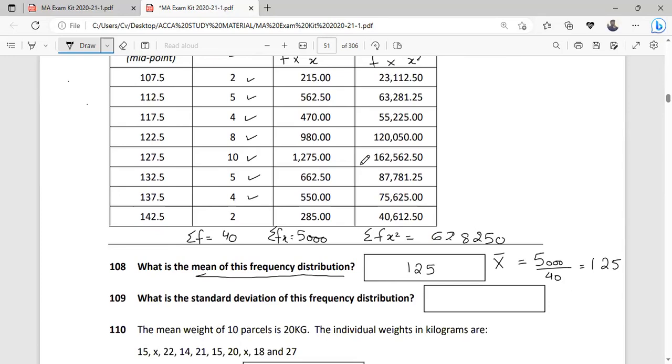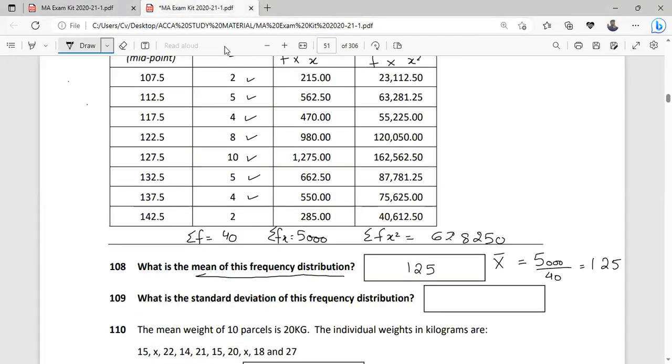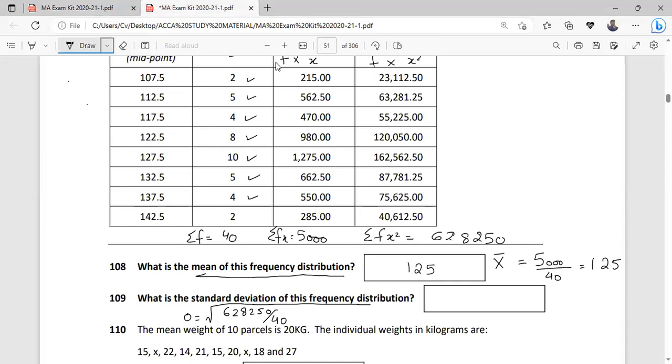So we have the standard deviation of the frequency distribution. We will follow the formula: standard deviation is equal to the square root of summation of fx square divided by summation of f, minus summation of fx divided by summation of f, raised to power 2.